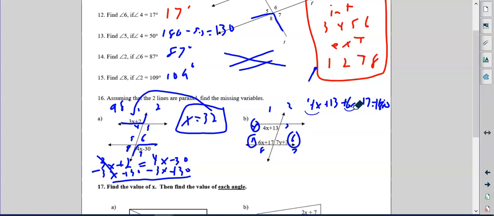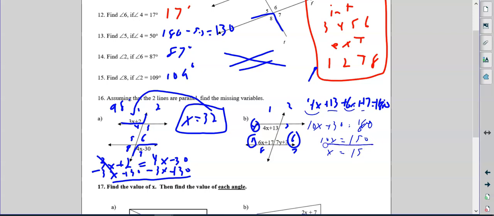So 4x plus 6x is 10x. 13 plus 17 is 30. Equals 180. I'm going to subtract 30, which gives me 10x equals 150. Divide by 10, and I get x is 15.